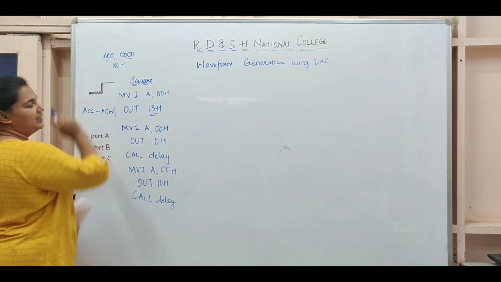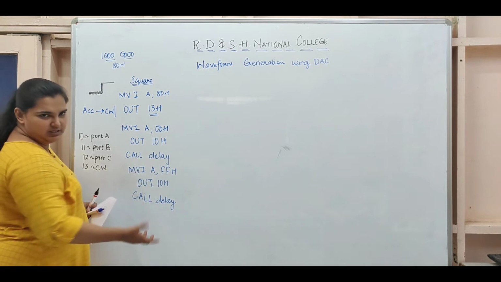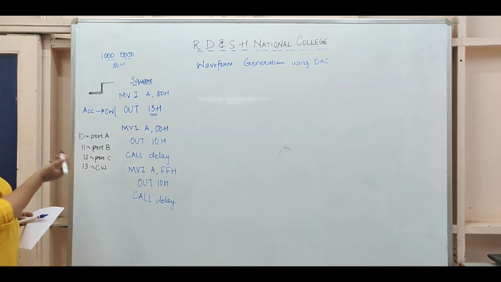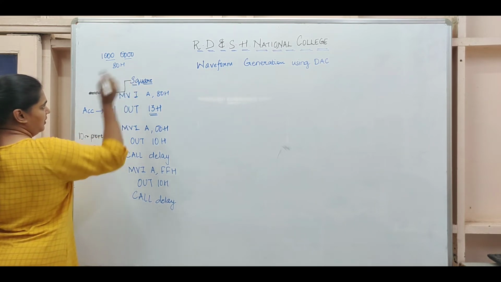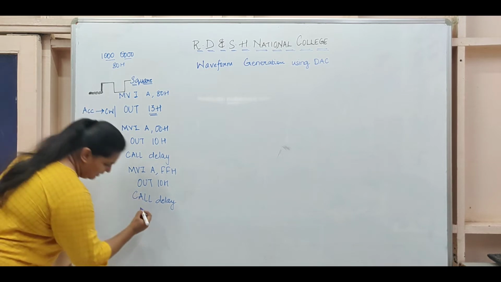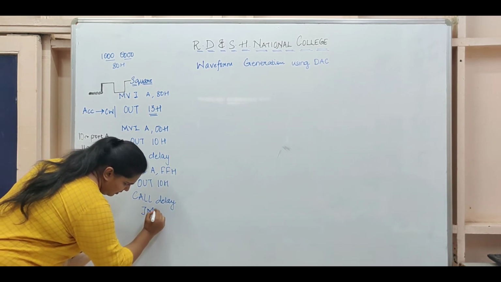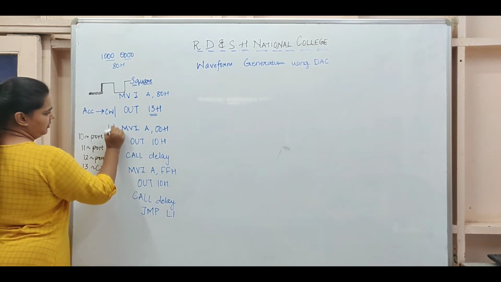Now this has completed one cycle. If you want to stop here, you can give RST1 like you've been giving in other programs. But if I want to continue my square wave, that means I want a continuous wave, so I will say jump back to L1 and I will write my L1 here.